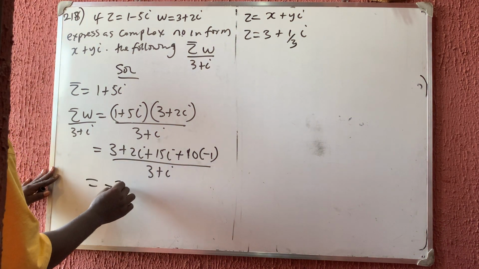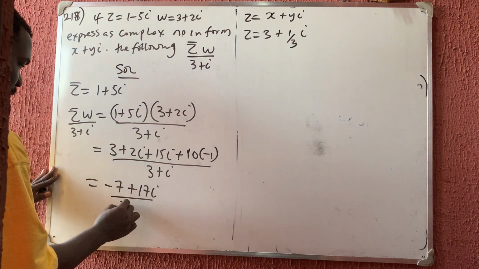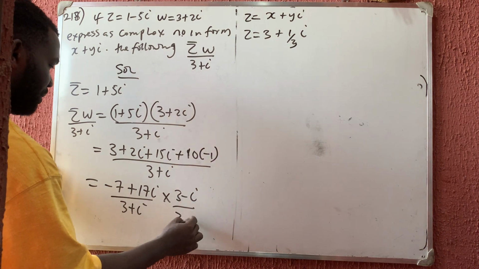So I have minus 7 plus 17i all over 3 plus I times 3 minus I over 3 minus I.